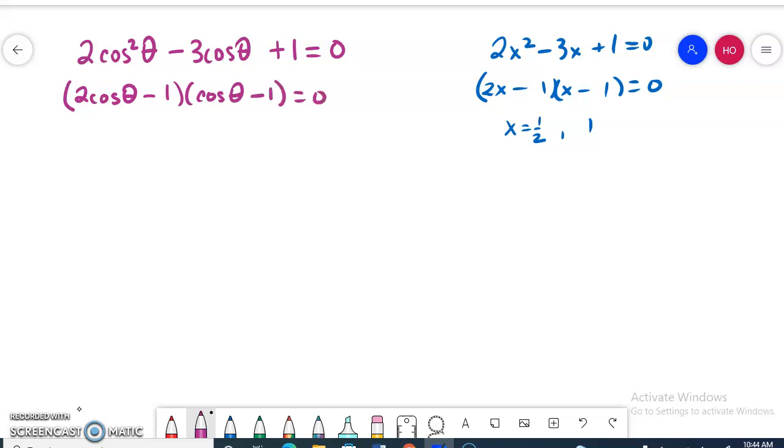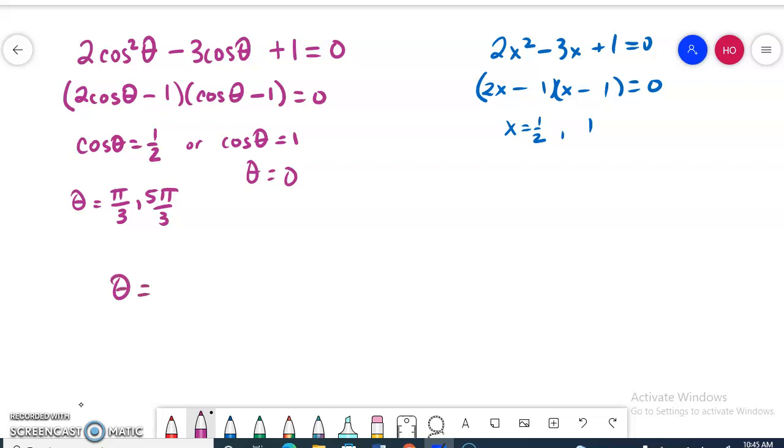So either cosine theta equals 1/2, which happens at pi over 3 and 5 pi over 3, or cosine theta equals 1, which happens at 0. So my complete solution set is 0, pi over 3, and 5 pi over 3.